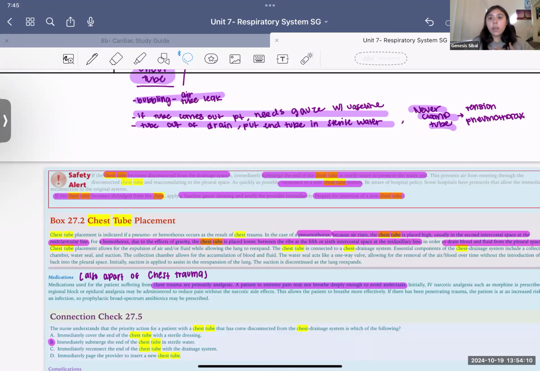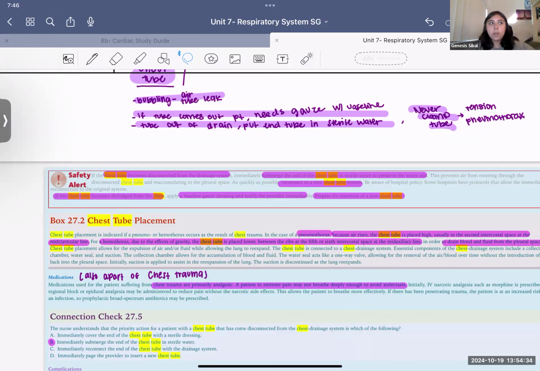But when you're taping it, you want to tape it 3 ways, not 4, because you need to have air still escape, because if you have it all closed, they can get a tension pneumothorax for sure. So you're having buildup of air with tension pneumothorax. So just know that you need to tape it 3 sides, but you can leave a bit of it out because we need some of that pressure to come out. And so again, it's acting as a negative pressure seal, kind of.